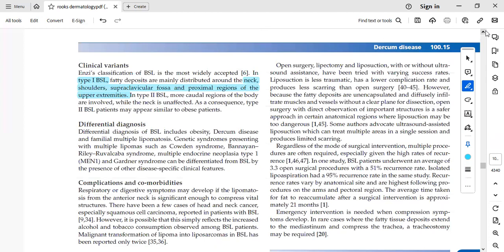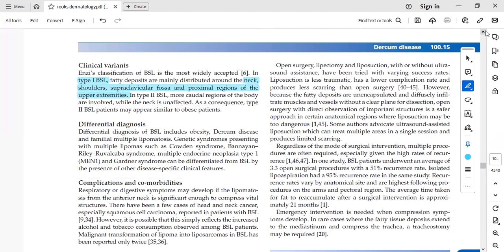And in surgical procedures, open surgery, lipectomy, and liposuction with or without ultrasound assistance have been tried with varying success rates. Liposuction is less traumatic, has a lower complication rate, and produces less scarring than open surgery.